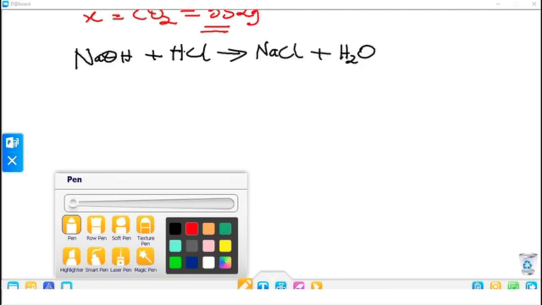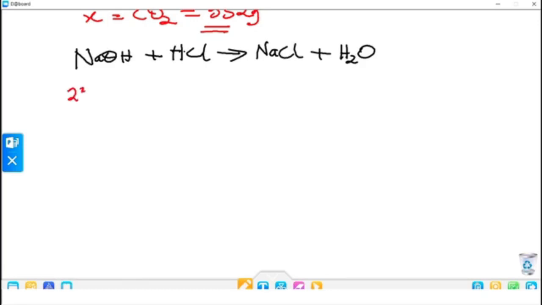First, we calculate the molar masses of those species we need. For sodium hydroxide, sodium is 23 plus oxygen is 16 plus hydrogen is 1. So this is for sodium hydroxide.